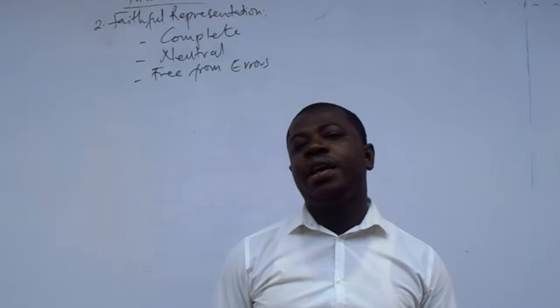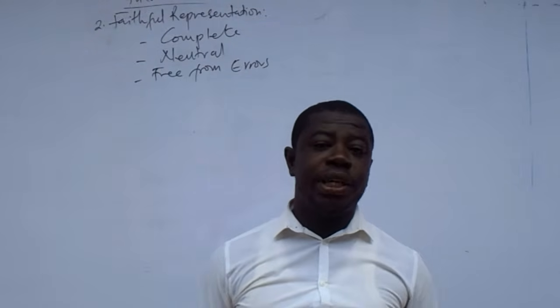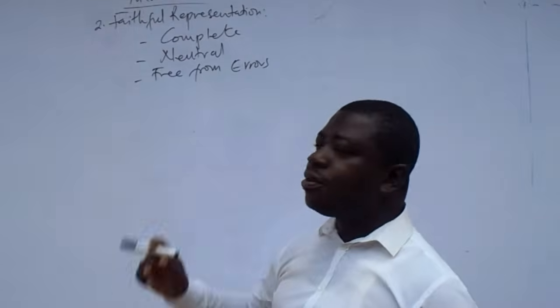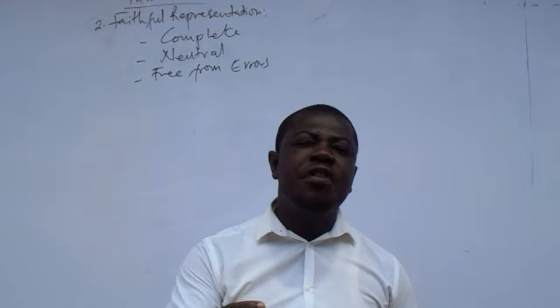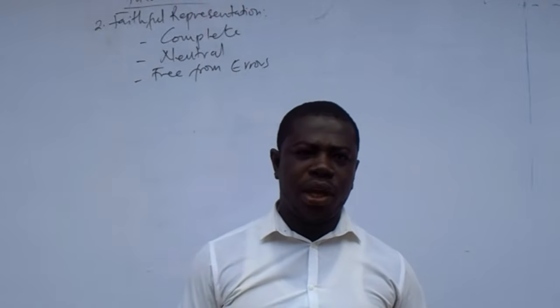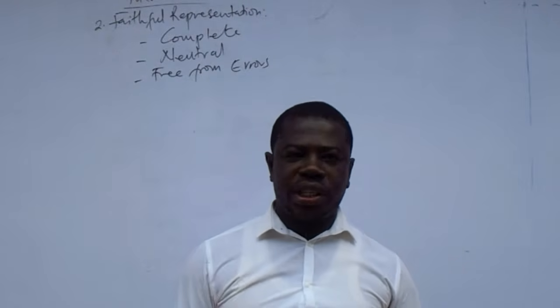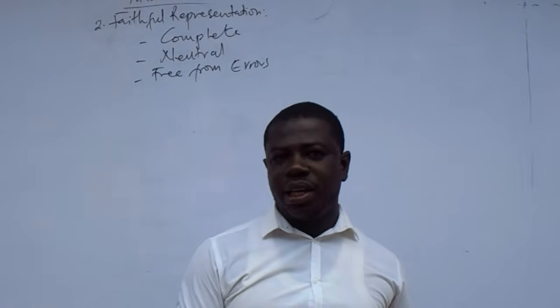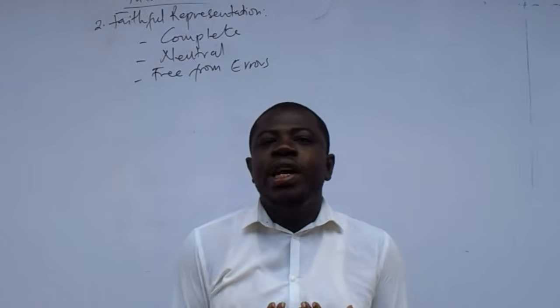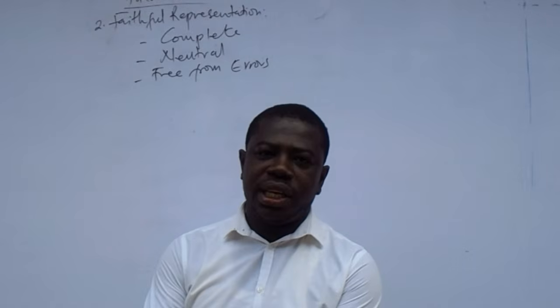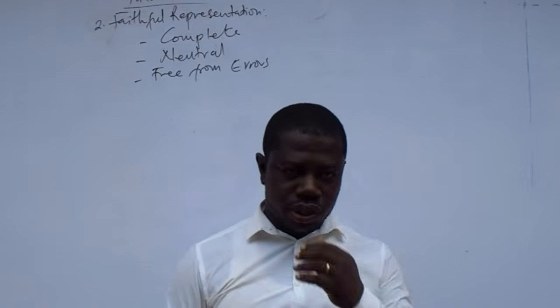Now, what do we mean by saying that the financial statement should be complete? It means that the financial statement should record every event that is supposed to be there. In other words, when we are recording, we shouldn't take off some things. We are not supposed to do what we call creative accounting, whereby we bring in what we think is okay and then leave some things out.